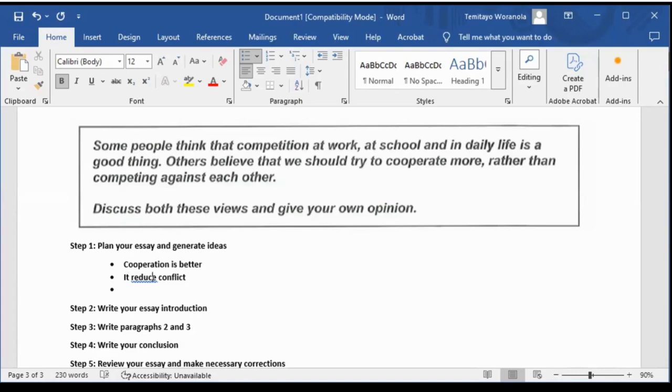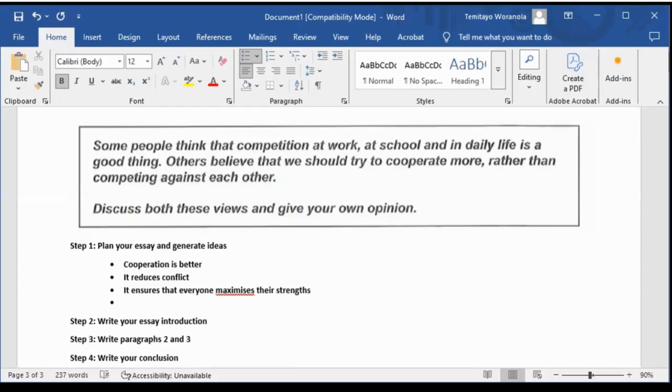That's the first thing I'm going to put. Number 2 thing I'm going to put in my essay is that it ensures everyone maximizes their strengths. That's another reason why I'm going with cooperation.